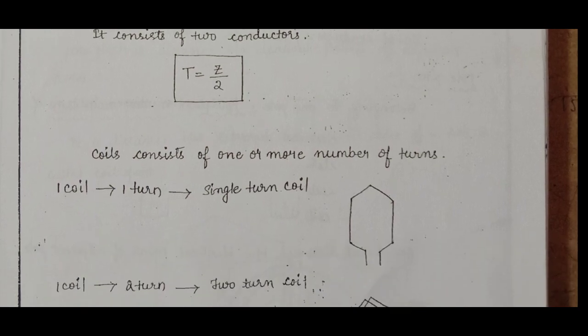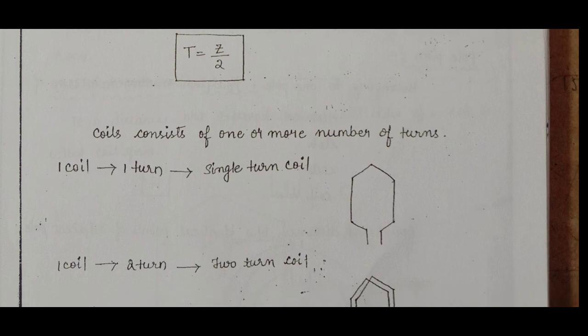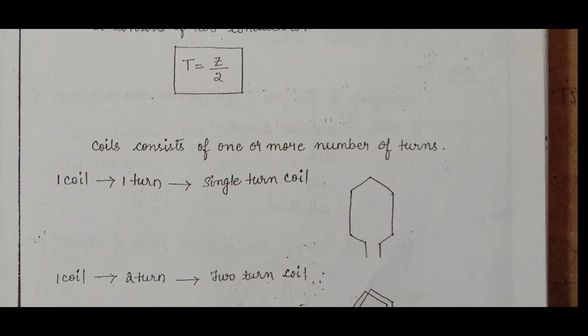A coil consists of one or more turns. Here is a single-turn coil, because turn equals Z by 2, Z is 2, and 2 by 2 is a one-turn coil.